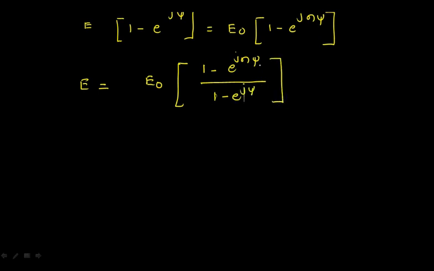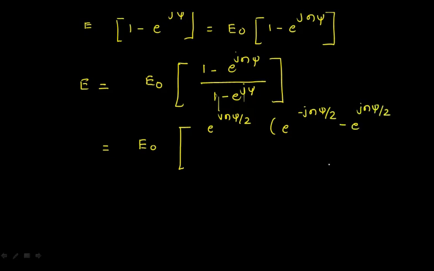If I split this equation as I have done in the previous equation, I'll get e0 [e raised to j n psi by 2 times e raised to minus j n psi by 2 minus e raised to j n psi by 2]. Now you can see this and this, when you multiply, the exponents get added and the addition will be 0. So e raised to 0 will come, 1 here.